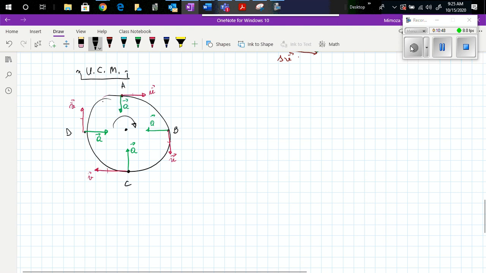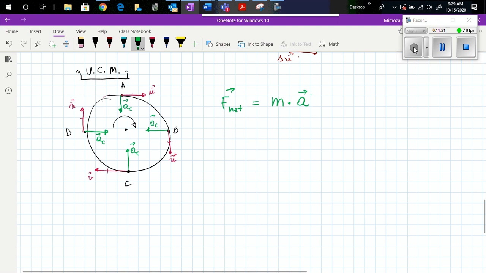Since this acceleration is very unique, we call it centripetal acceleration. Now I want you to tell me, what do you think the direction of the net force will be in this situation? Based on Newton's second law, net force is equal to mass times acceleration.